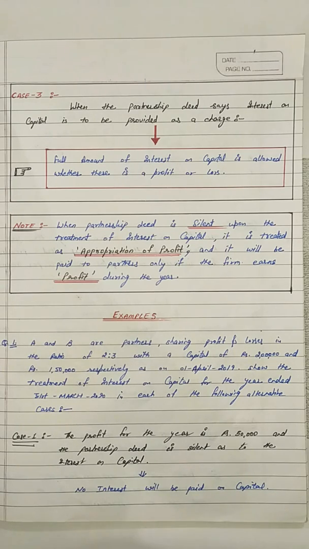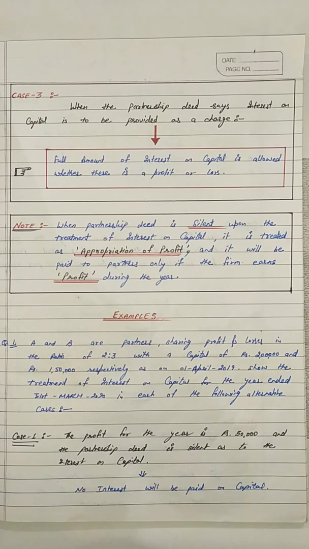In that case, the full amount of interest on capital is allowed whether there is a profit or loss to the firm. You always remember that when the partnership deed is silent upon the treatment of interest on capital, it is treated as appropriation of profit and it will be paid to the partners only if the firm earns profit during the year.